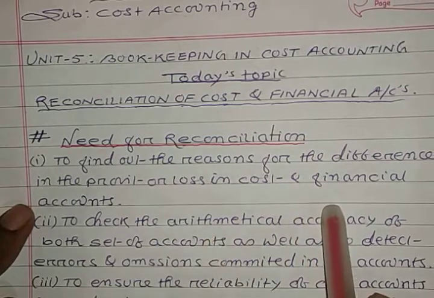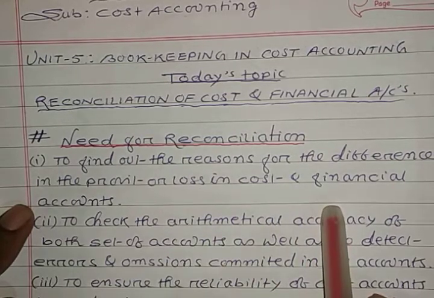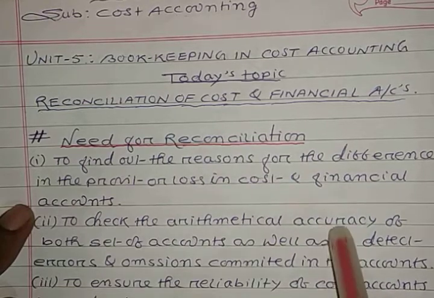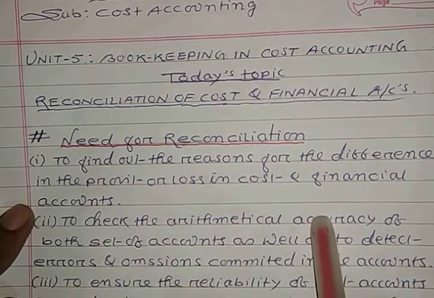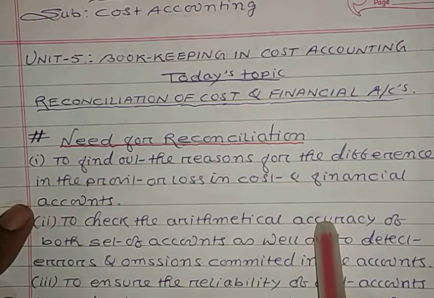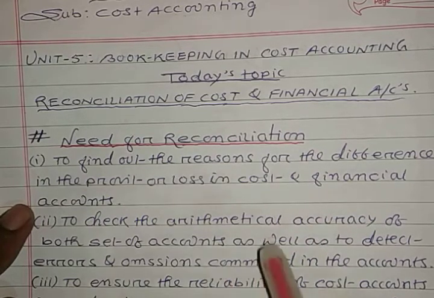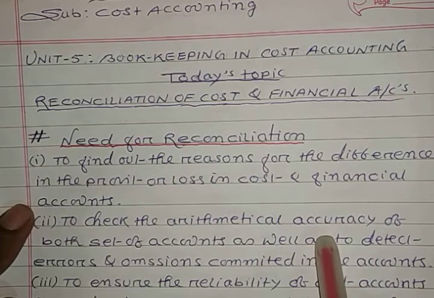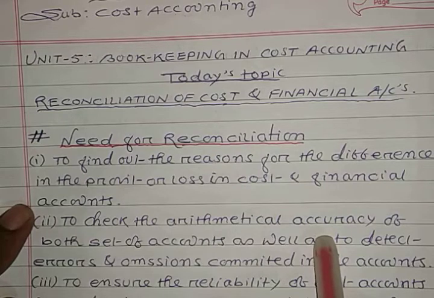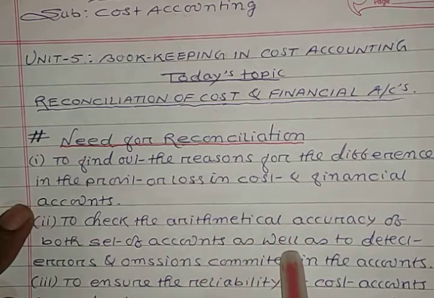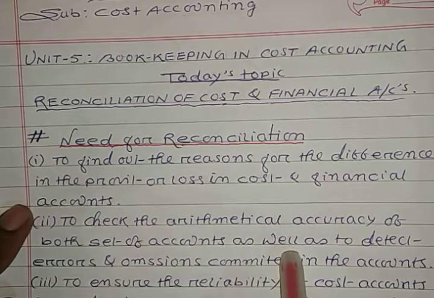And while you prepare financial accounts, like the trading account and profit and loss account, in the trading account you get the gross profit, and in the profit and loss account, whatever profit you get is the net profit. When you find a difference between the profits, in this case you have to reconcile.